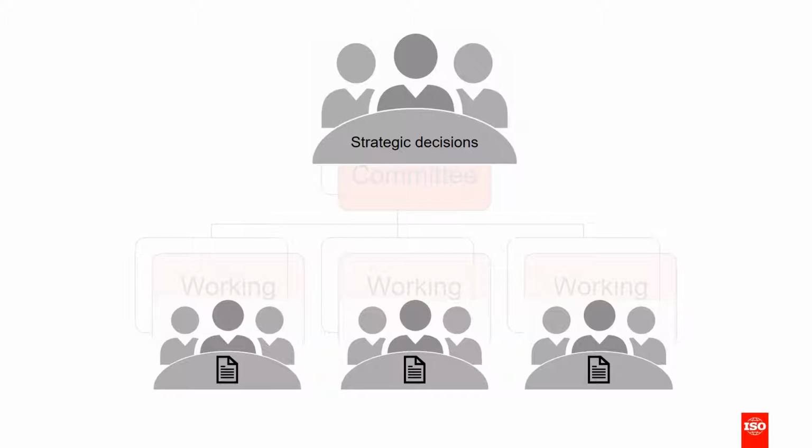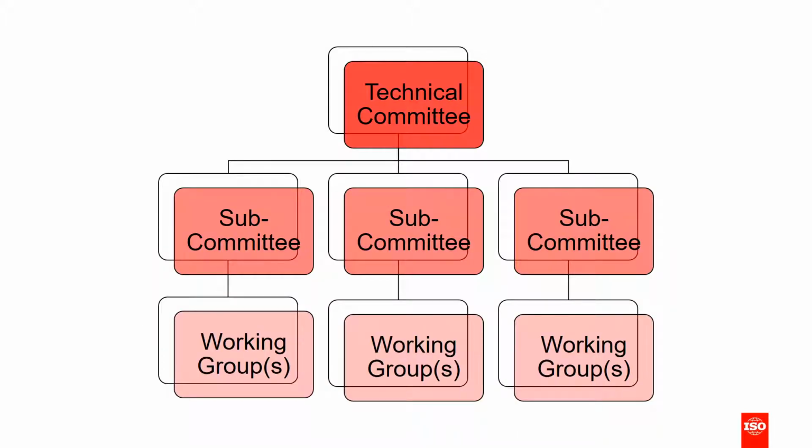So remember I talked about a scope being assigned to a technical committee. Well, when that scope becomes too large, it may be divided into smaller scopes, which are then assigned to subcommittees. A subcommittee will operate in the exact same way as a technical committee, with its own chair and secretary, driving the consensus process, and its own working groups, which develop standards.